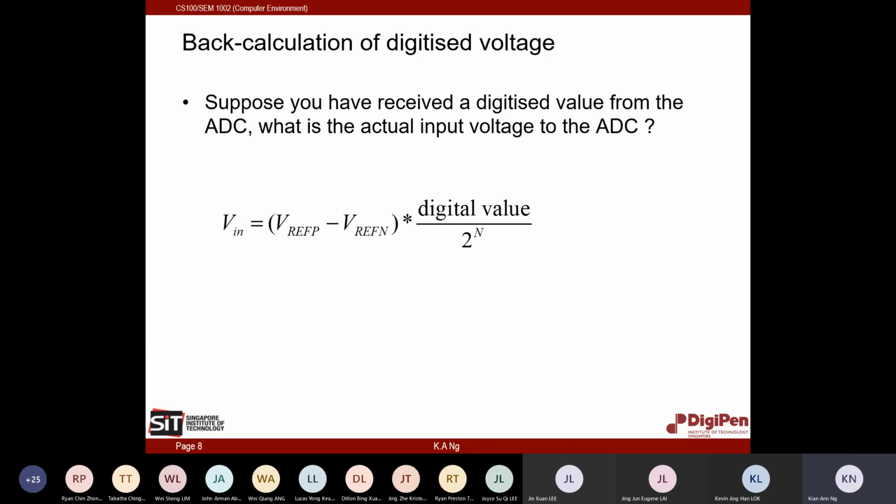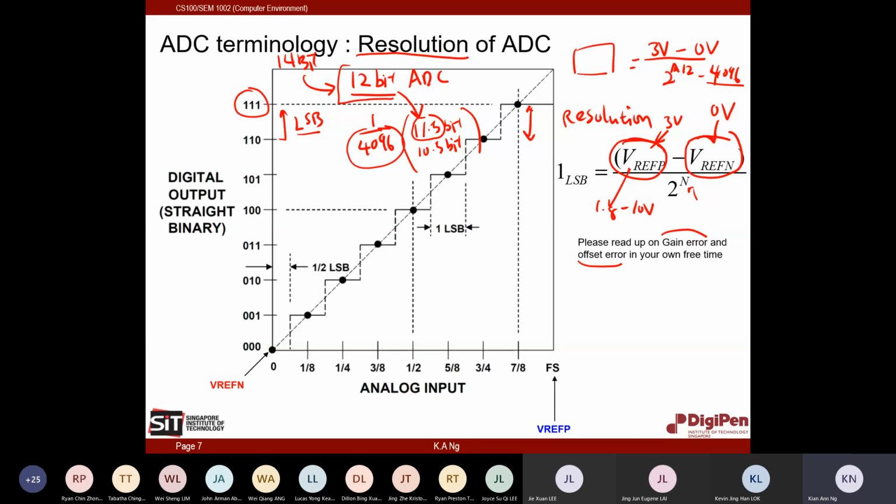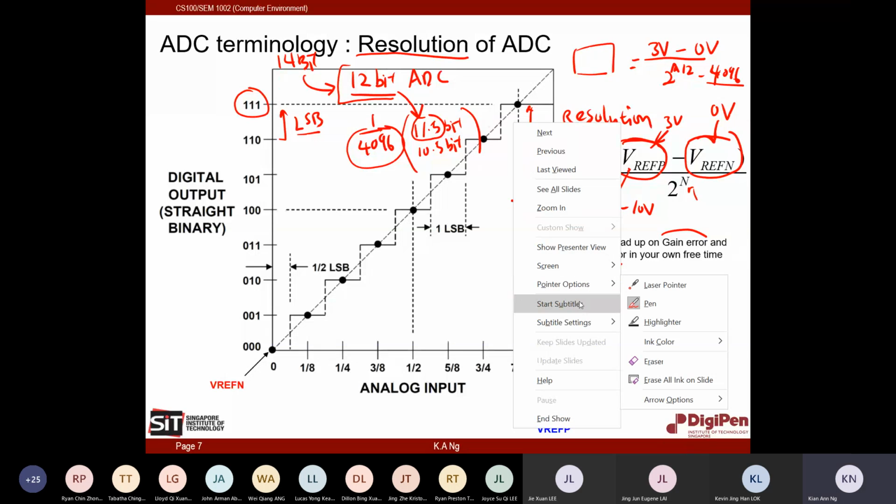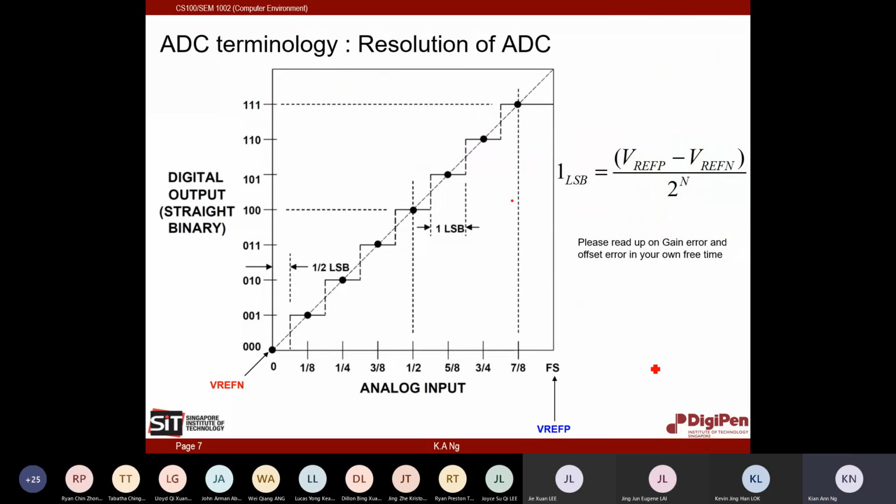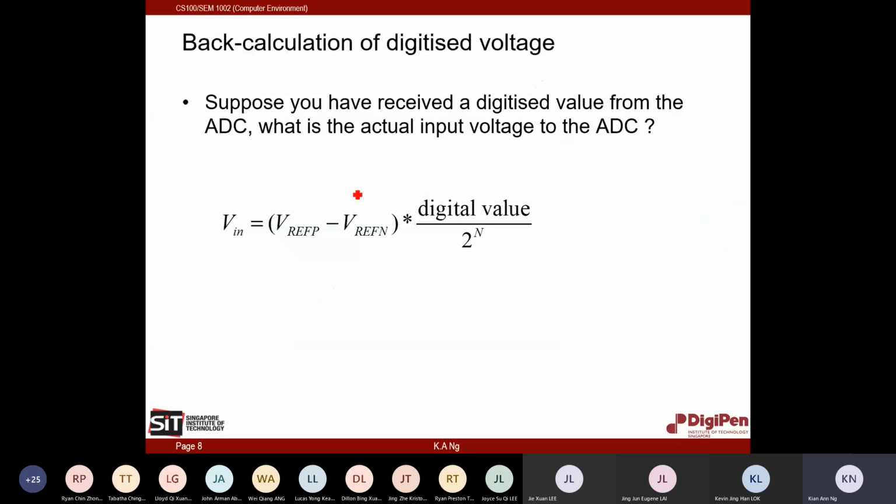Now the reverse. From this formula, you can also back calculate the range or the voltage level. Suppose you have an ADC in your lab 7 and you read a digital value. Let's not do something so complicated.